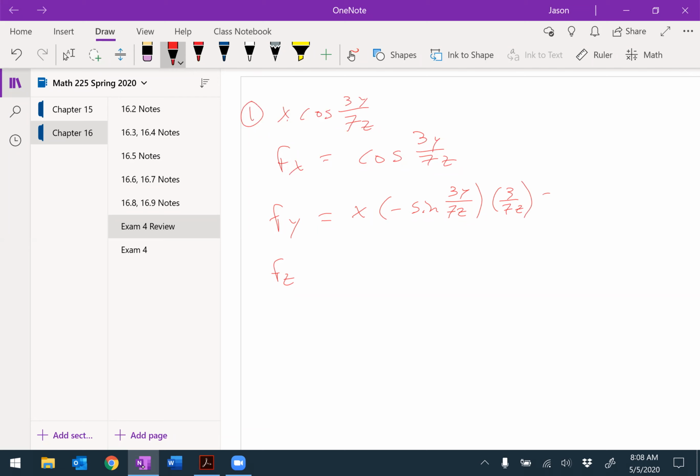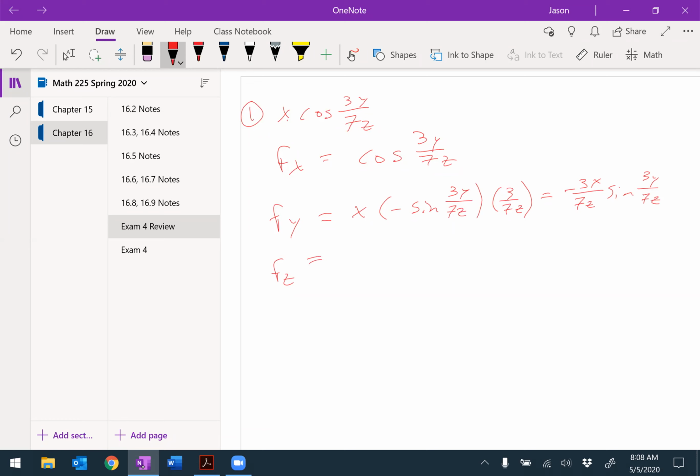And so then I can simplify this or combine some things. This is going to be negative 3x over 7z sine of 3y over 7z. Okay, so that's f sub y.